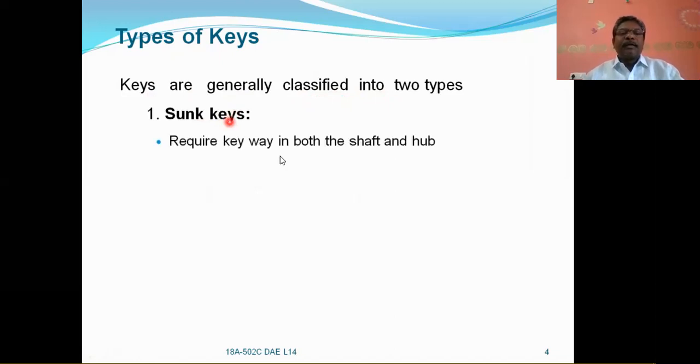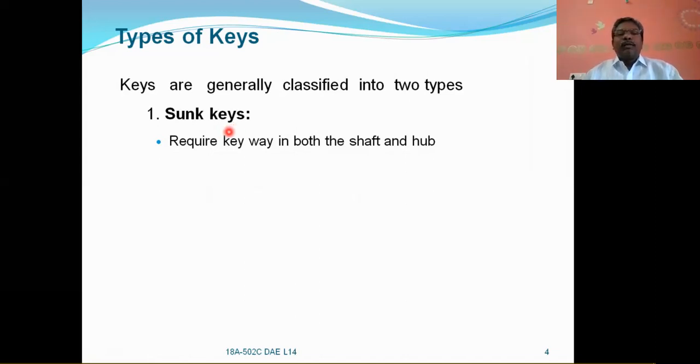This sunk key requires keyway, that is recess, in both the shaft as well as the hub of the mounting. That means half of the keyway is in hub and half of the keyway is in shaft, right?